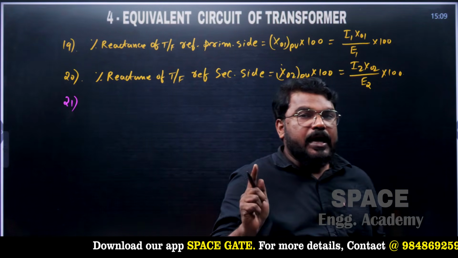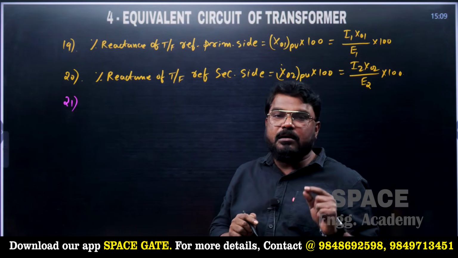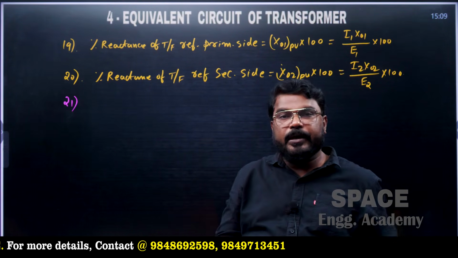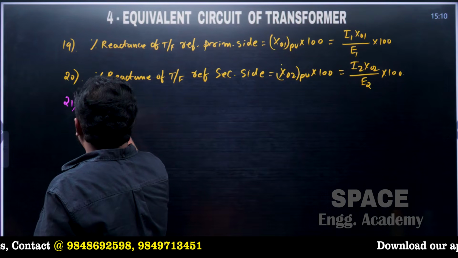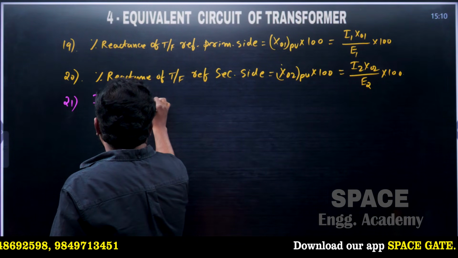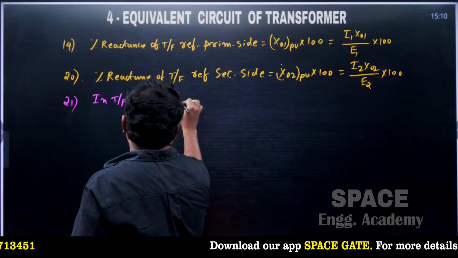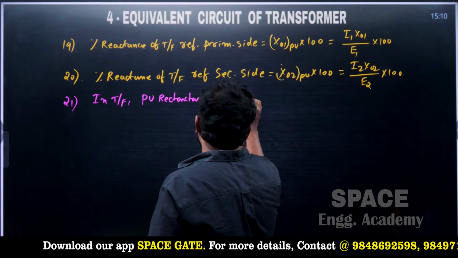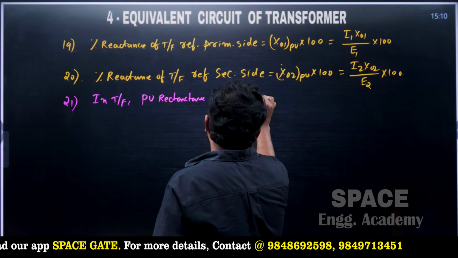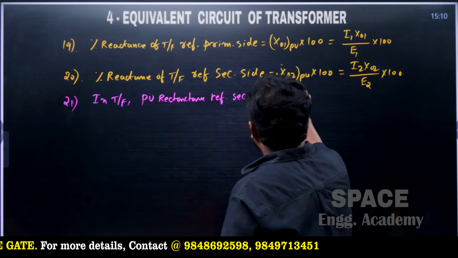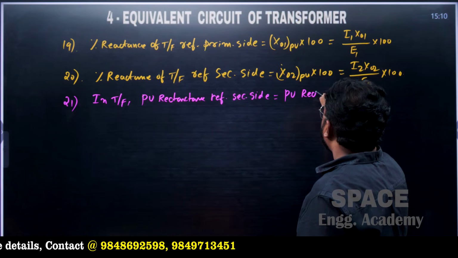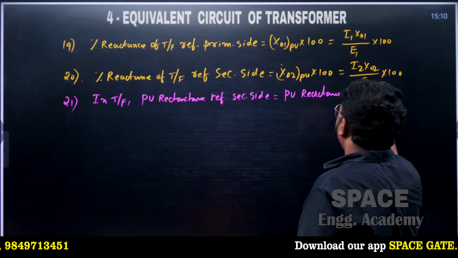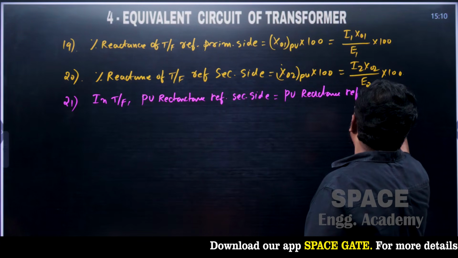Always, the per unit reactance of the transformer referred to the secondary side is equal to the per unit reactance of the transformer referred to the primary side.